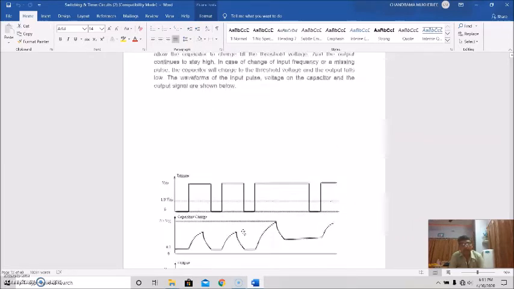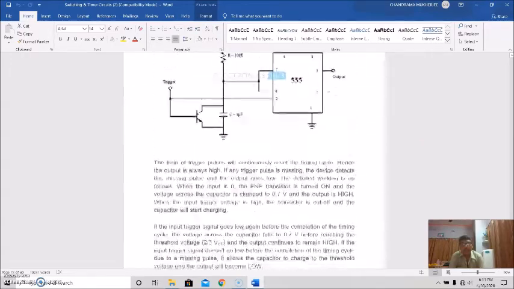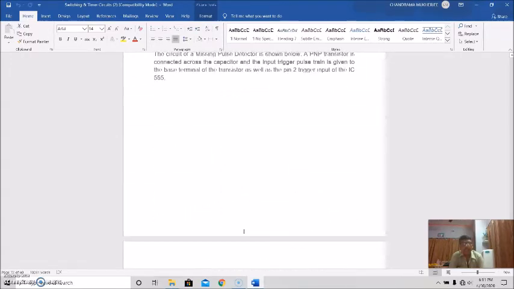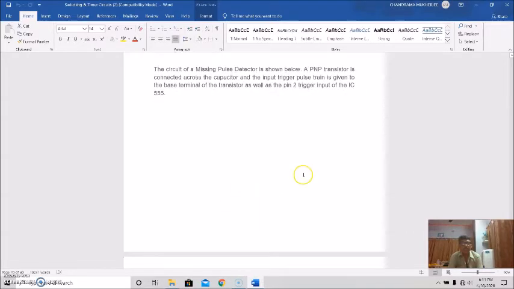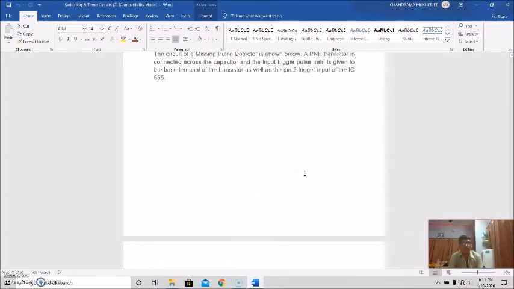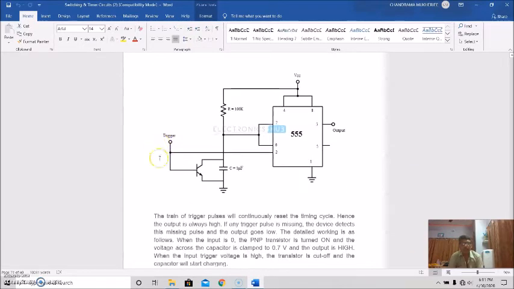So once again I am repeating this discussion to use the monostable multivibrator circuit using 555 timer as a missing pulse detector. So a PNP transistor is connected across the capacitor, and the input trigger pulse train is given to the base terminal of the transistor, as well as pin 2 of that, that is the trigger input of the 555 timer. Here it is shown.